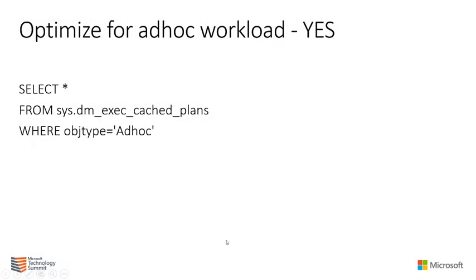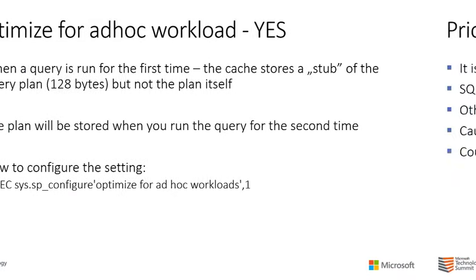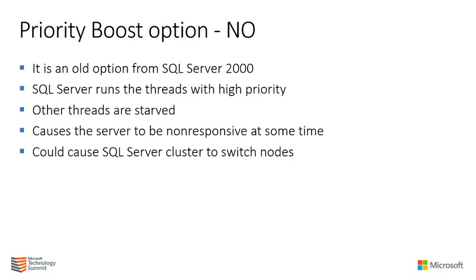So this is what I explained already to you. You should do this. This is a very good option. The one option which looks like a good option, which is actually the wrong one, is called priority boost. Whatever you set in SQL Server 2016 for this option, if you turn it on or off, it doesn't matter.